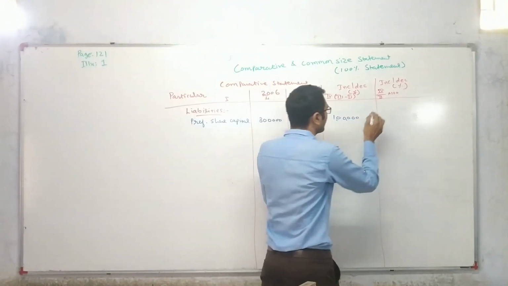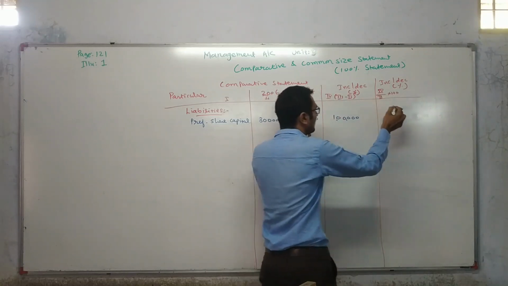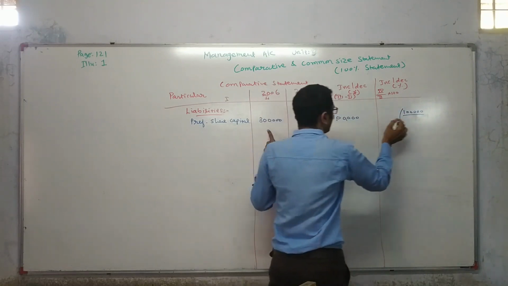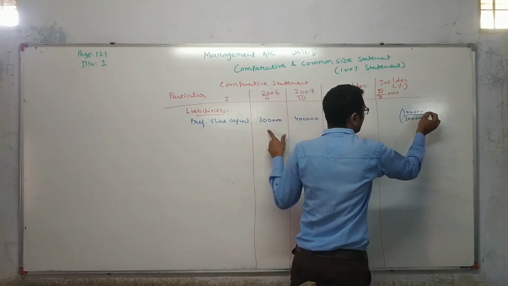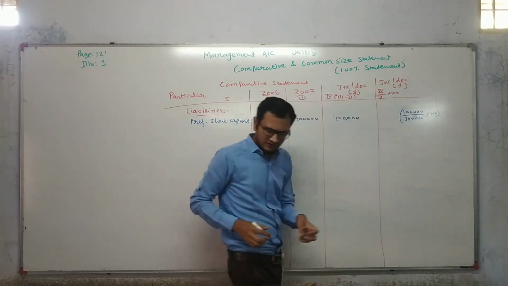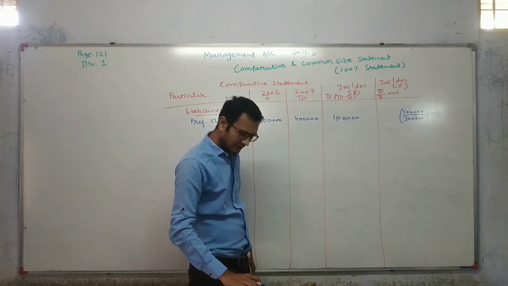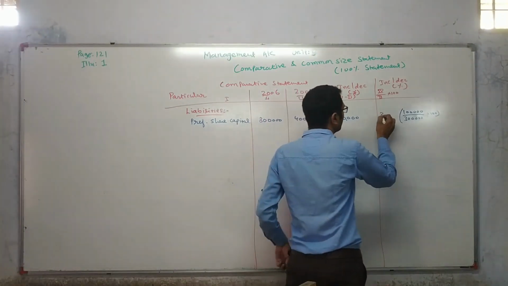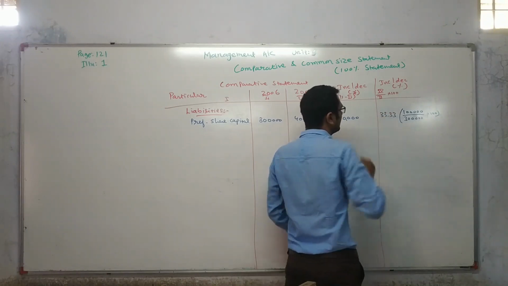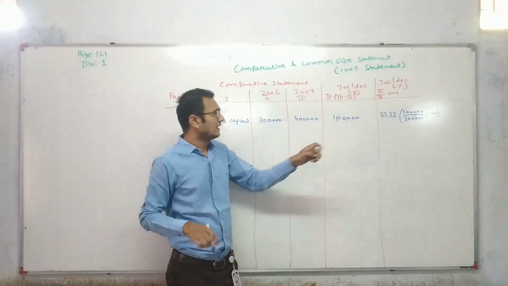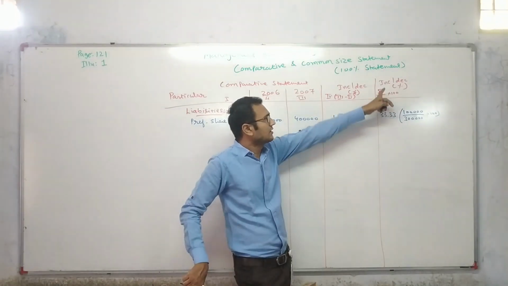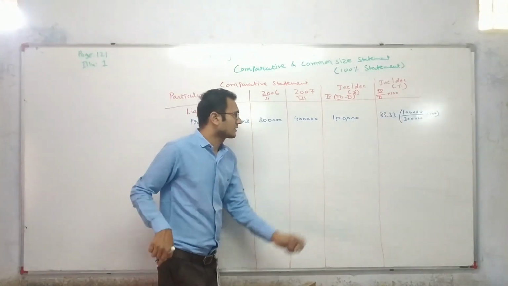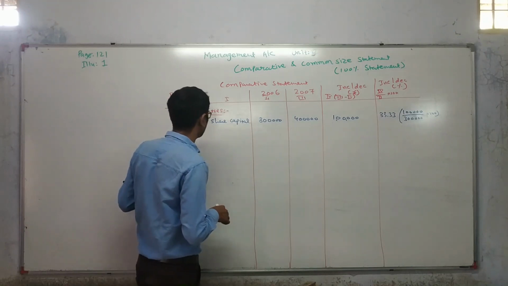So you can find out this column by fourth column, it is 1 lakh divided by second column 3 lakh into 100. So 1 lakh divided by 3 lakh, answer is 33.33. There is no need to put up the sign of percentage because in heading we have put up the sign of percentage. So 33.33 is percentage.